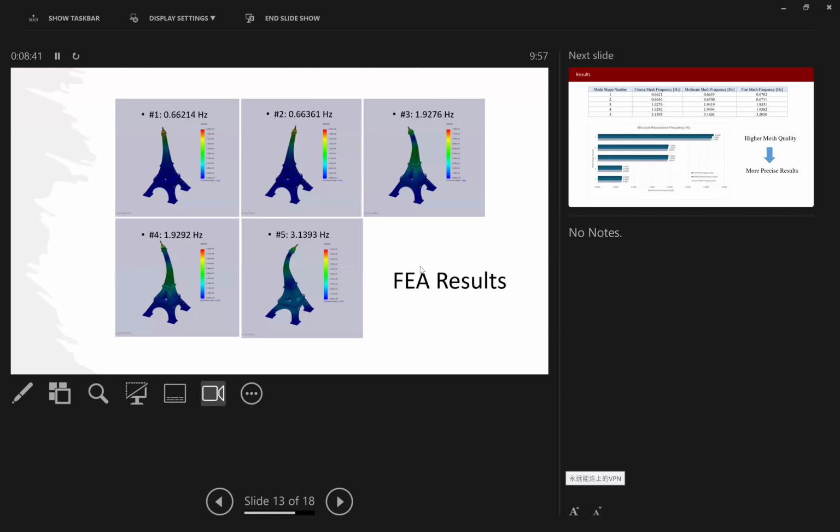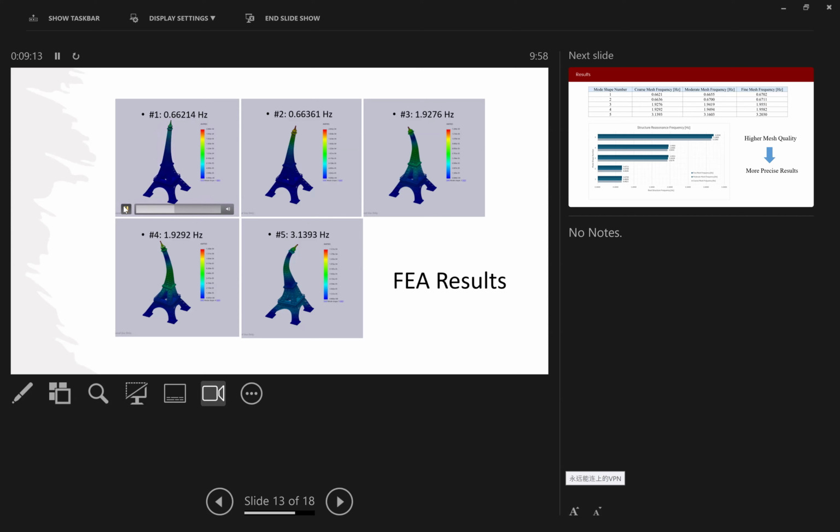These are 5 pictures. Have you ever known the vibration mode? Our group has 3 modes. This is mode 1 and mode 2, the first order vibration.